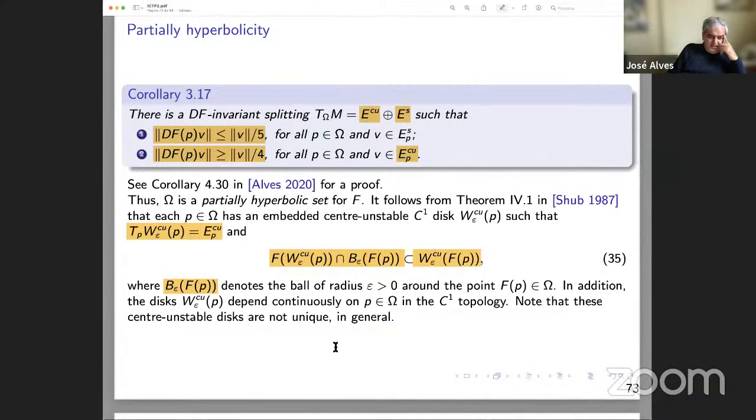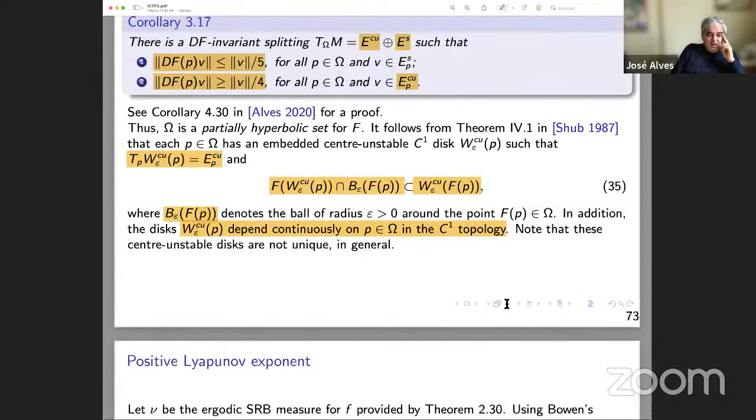And also, and this is why I'm mentioning this result, these disks depend continuously, in the C1 topology, on the point. At some point I need this dependence of a certain family of disks I'm going to consider, and so this is the way I can assure that they depend continuously on the points.